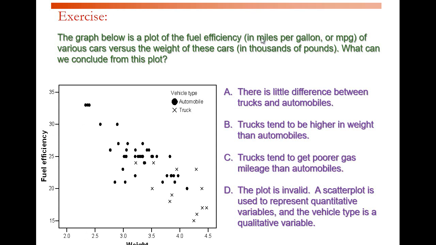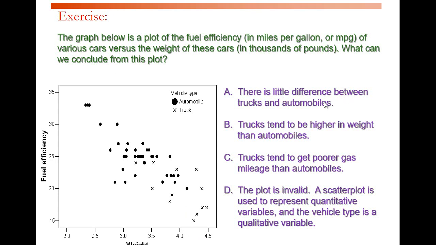So the fuel efficiency is measured in terms of miles per gallon or mpg, and the weight is in terms of thousands of pounds. So when you see the data point 4.0, that actually means 4,000 pounds. Okay, what can we say about this study from the plot?